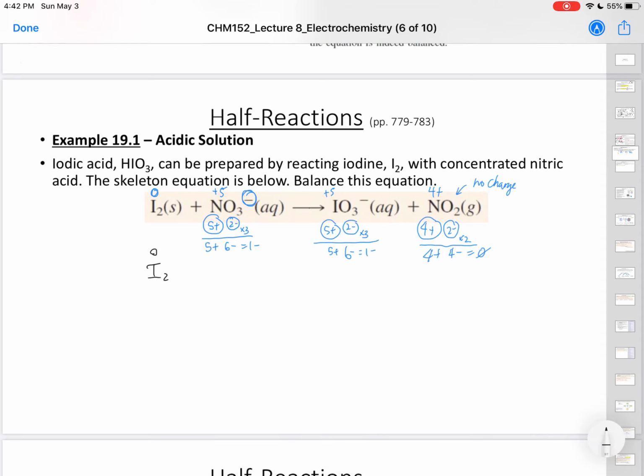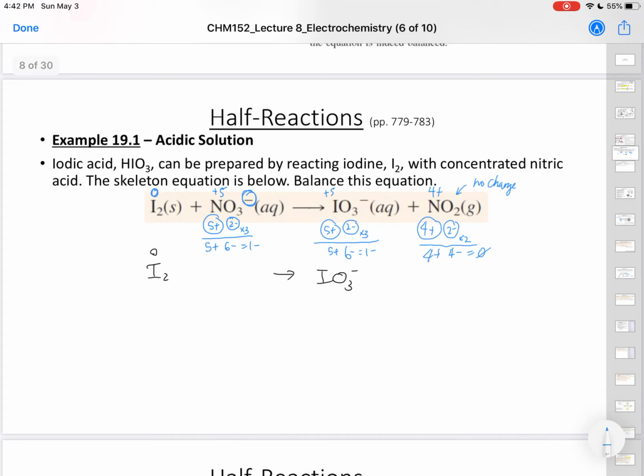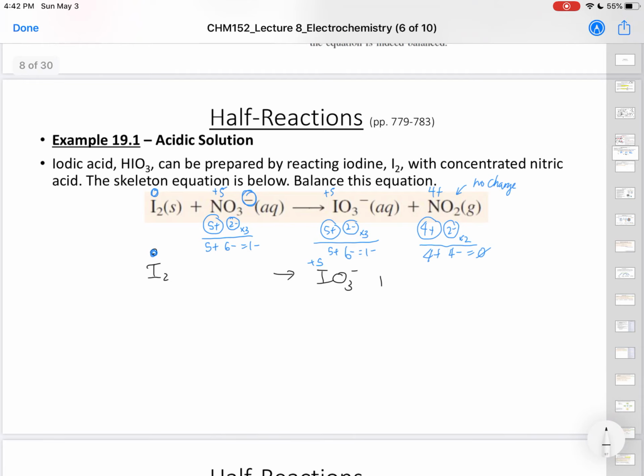And it becomes iodine. Let's do this. Iodine is plus 5 and 0 here. Okay, the only way to make this statement true is if you added 5 electrons on this side.